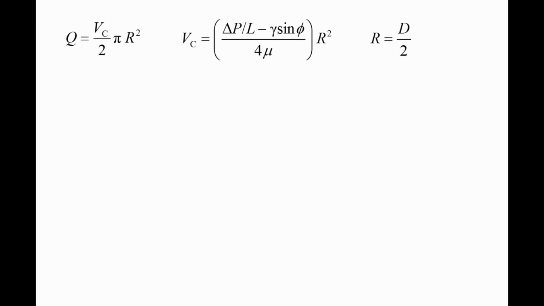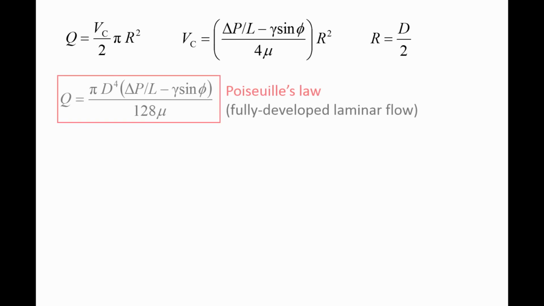If we plug in the expression for the centerline speed into the volumetric flow rate equation and substitute d/2 for the pipe radius, we obtain a relationship between the volumetric flow rate, the pressure drop per length of pipe, pipe diameter, pipe orientation, and fluid properties. This equation is called Poiseuille's law. It is important to remember that this equation is only valid for fully developed laminar flows through circular pipes.